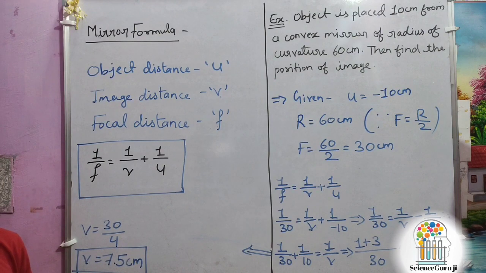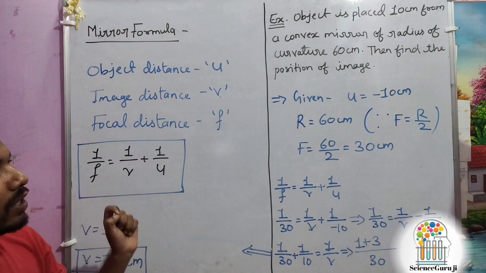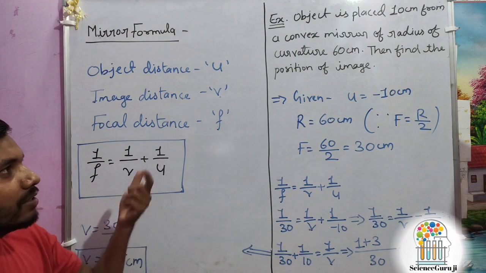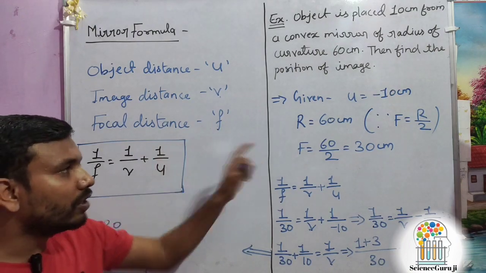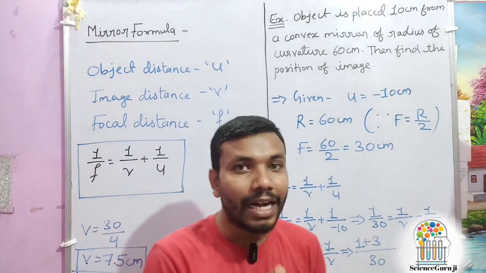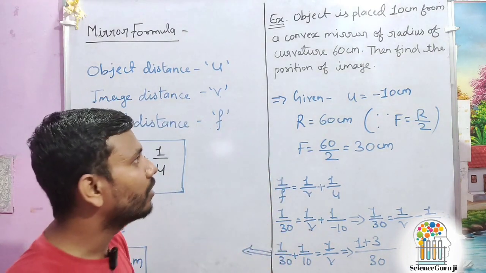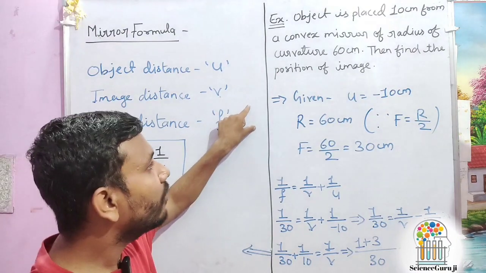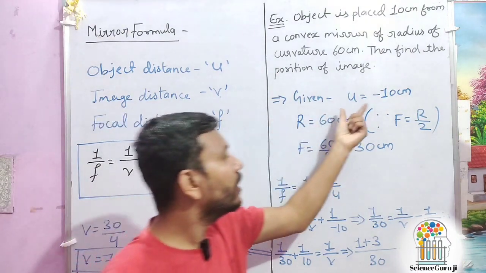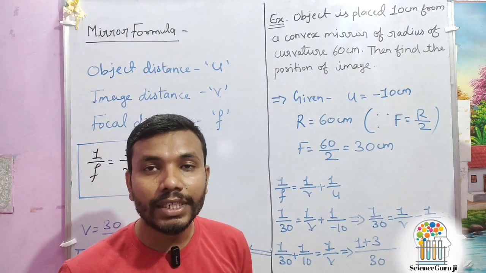Have you got this? Let's understand once more what the question is asking us: find the position of the image. It means we have to find the value of v, the distance of the image. What we have been given is the distance of the object, that is minus 10 centimeter. Why do we take minus?